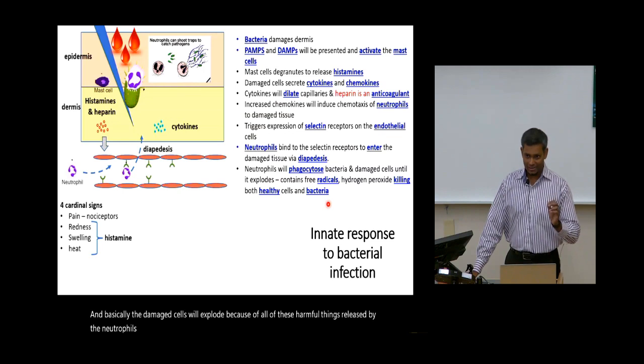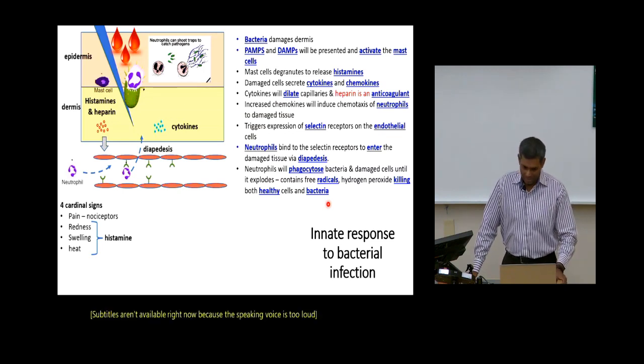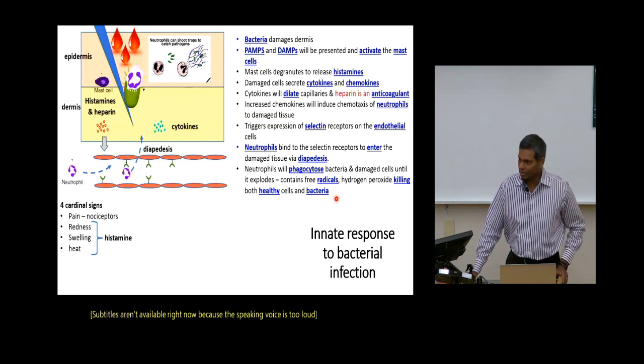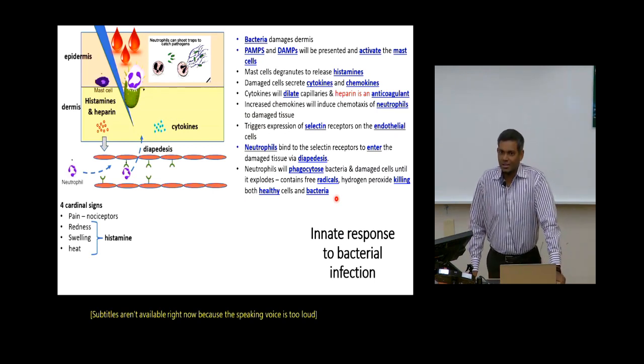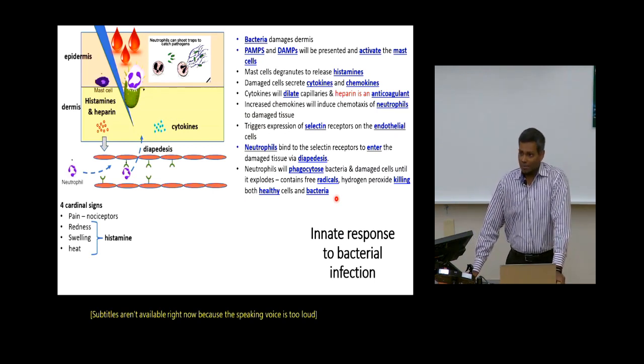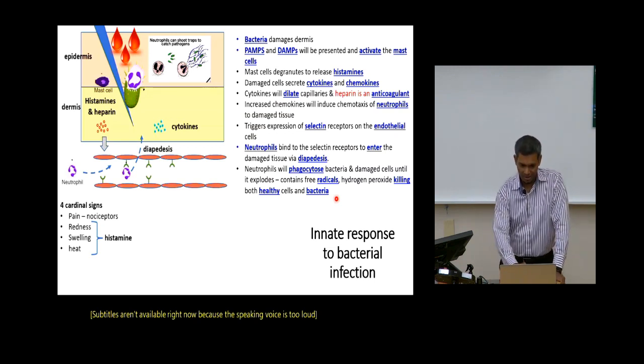And even the healthy cells in the vicinity and the bacteria will be killed as a result of the neutrophils. And as a result, even the neutrophils will die when they release all their contents. So that is why when you have pus formation, it's going to include the dead neutrophils and the cellular debris which was caused by the neutrophil releasing its contents.